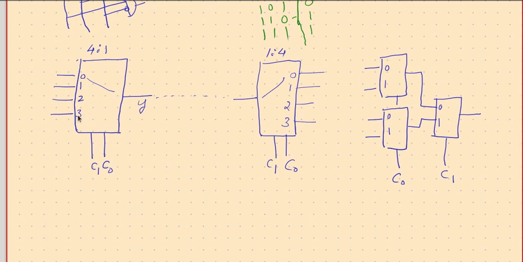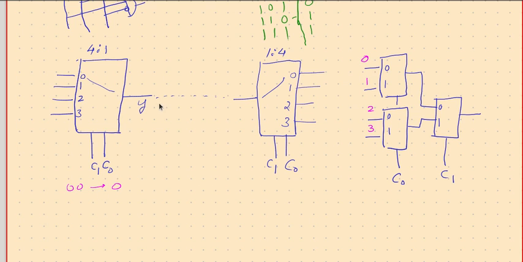So let me use this convention here. Let me call these line 0, line 1, line 2, line 3, just to show that these two are functioning the same way.